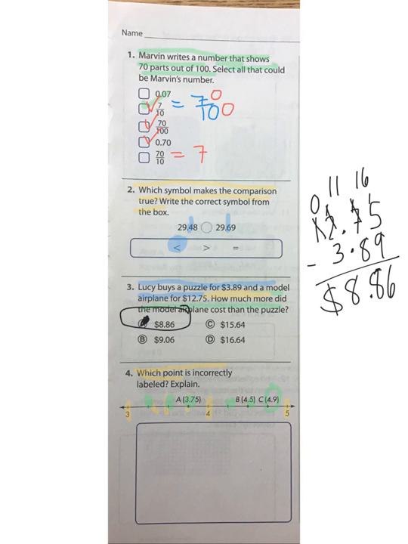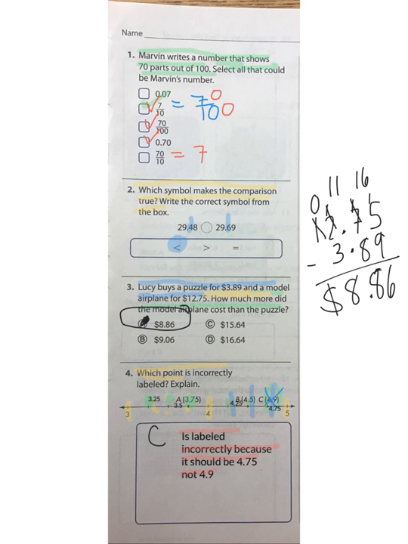Since there are 4 sections between 4 and 5, they're divided into fourths. And this would be 1/4, 2/4, 3/4, and 3/4 is the same as 0.75. So for my answer, I have C is labeled incorrectly because it should be 4.75, not 4.9.